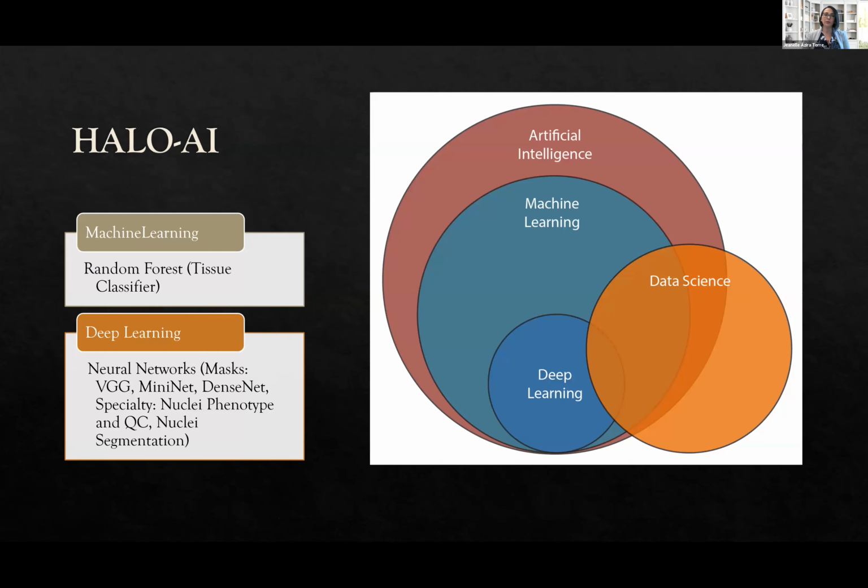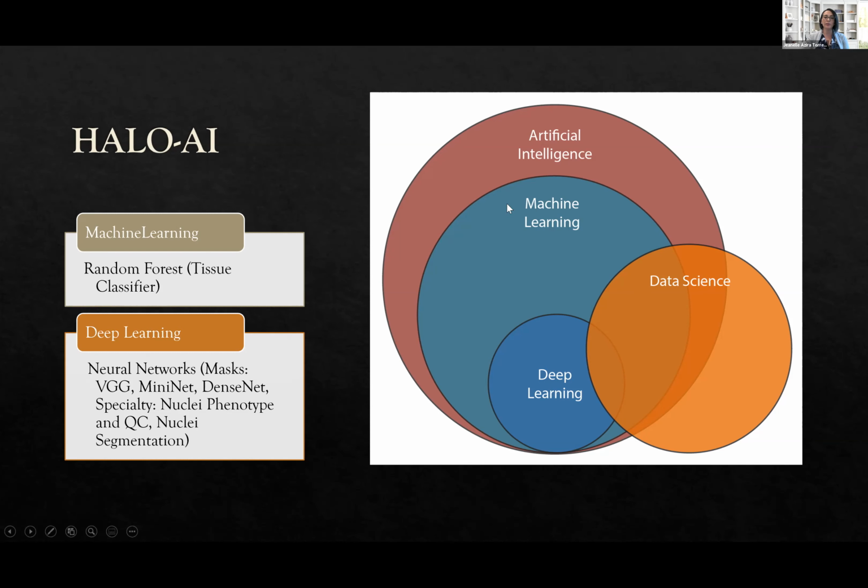So to just refresh everybody's knowledge, HALO AI refers to the use of artificial intelligence. Artificial intelligence is the branch of computer science that is in charge of dealing with the simulation of intelligent behavior in computers and the capability of a machine to imitate human-like behavior.